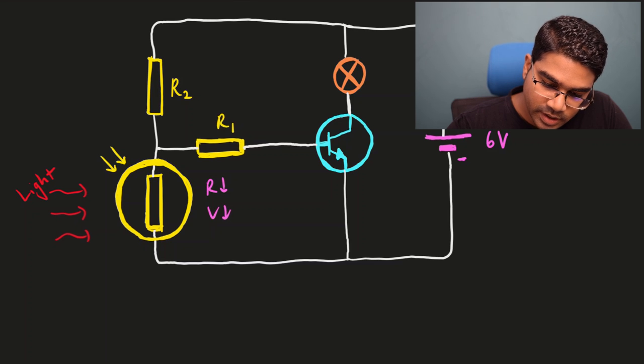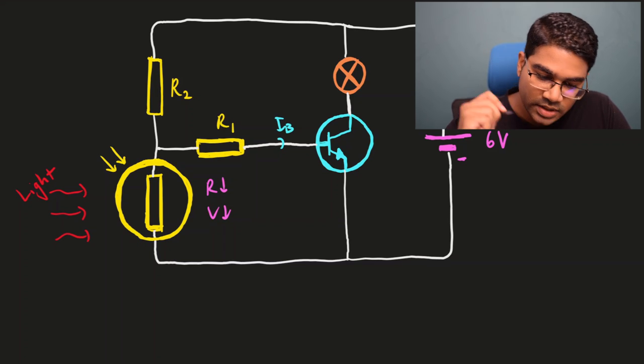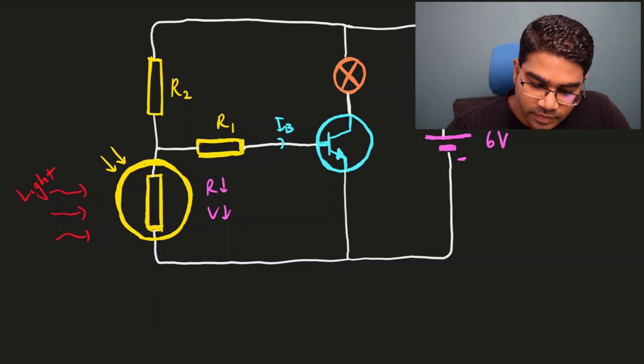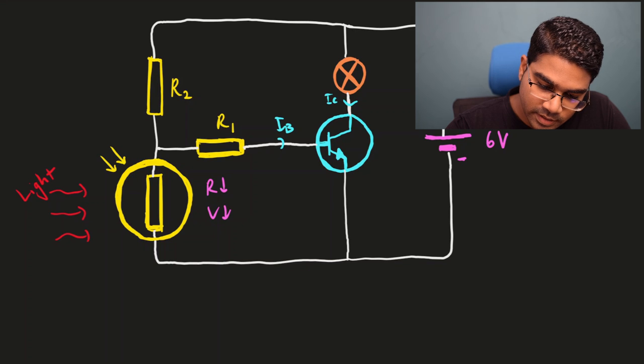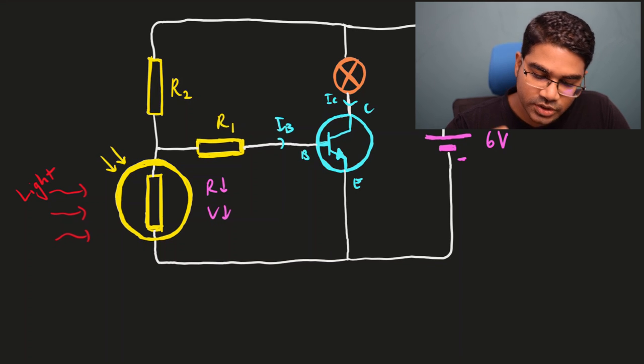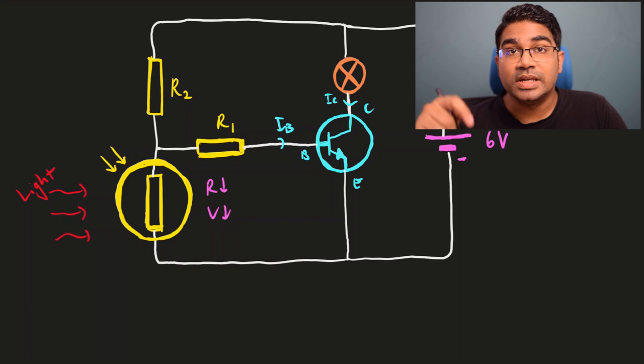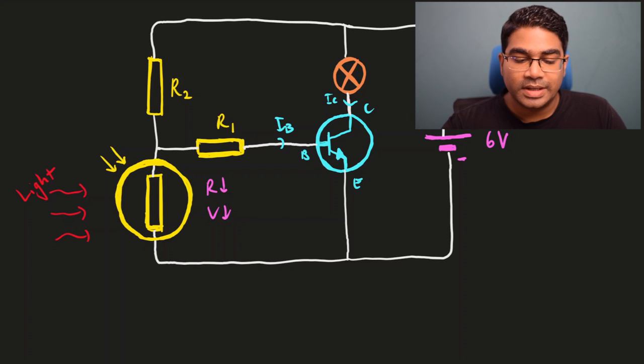So what we are going to have is low base current. Base current is very low, and therefore the collector current is low as well. When the collector current is low, the transistor is not switched on, and therefore the bulb is not switched on. So basically when it's bright, the bulb doesn't come on.